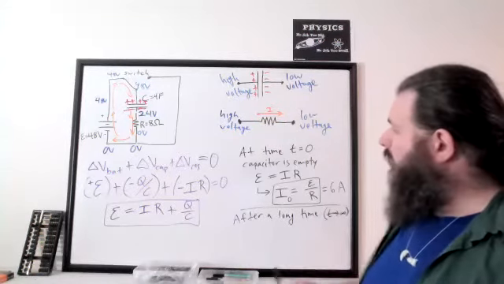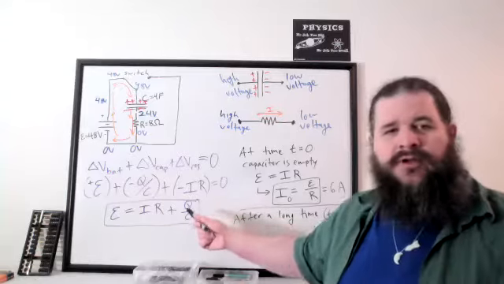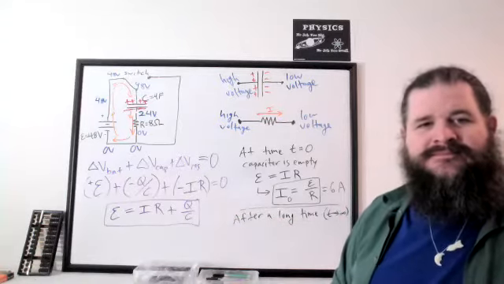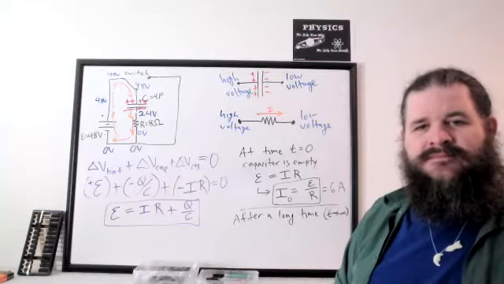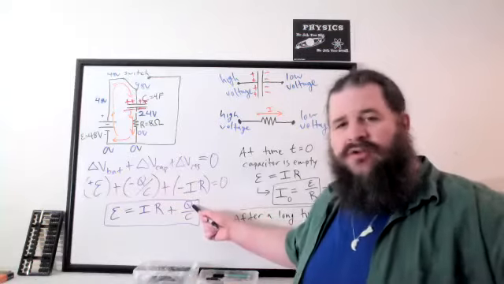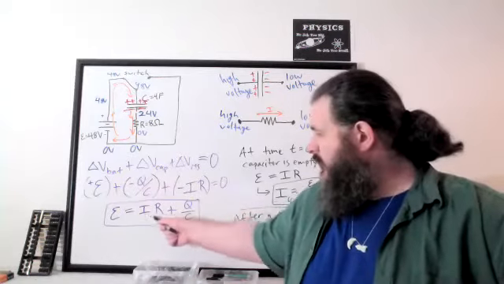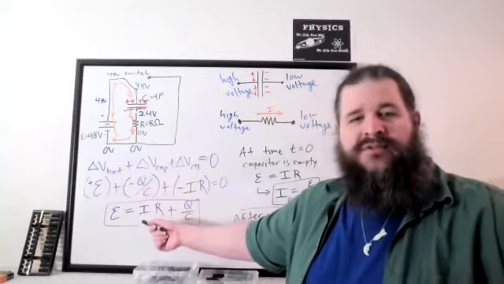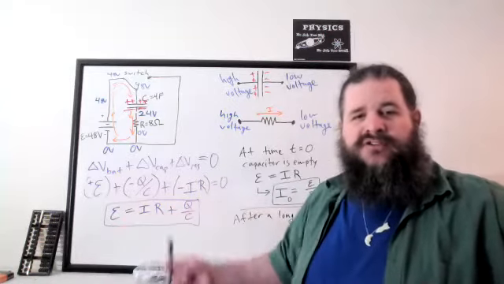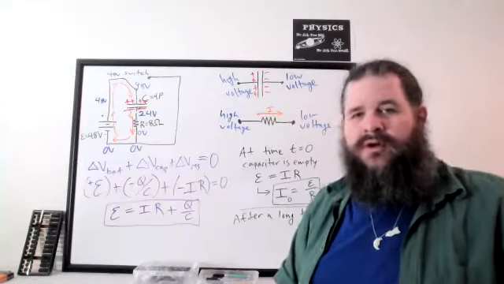So after a long time, we should expect the capacitor is so full that what happens? Yeah, we should assume that IR is 0, because the fullest the capacitor can possibly get is if there's no current left at all. If the current stops flowing, then all the voltage of the battery goes into making charge get stored or keeping charge stored.